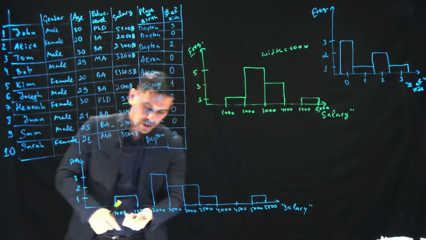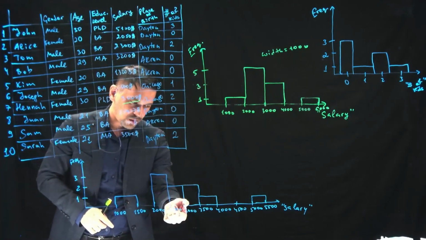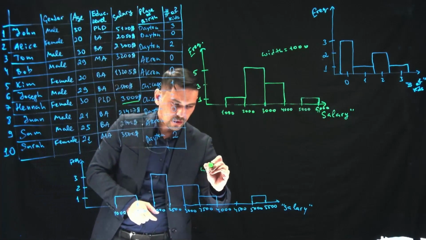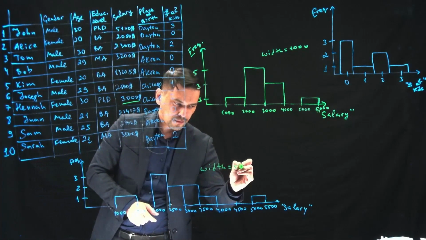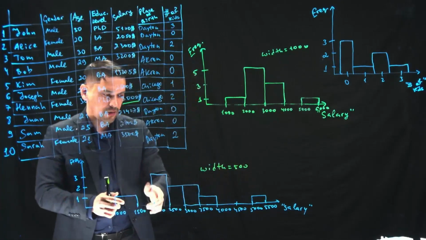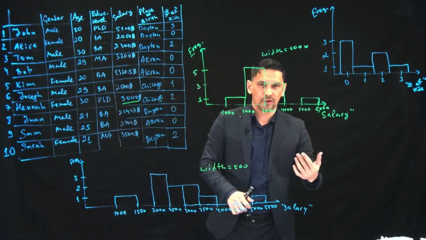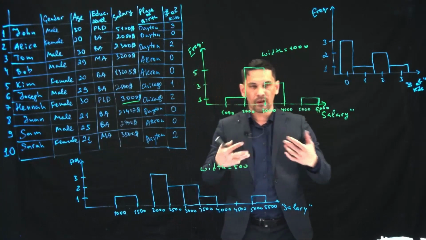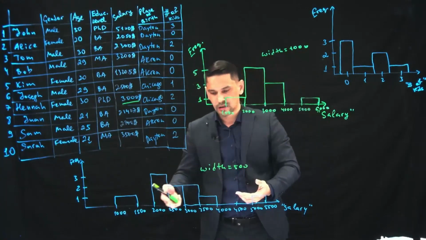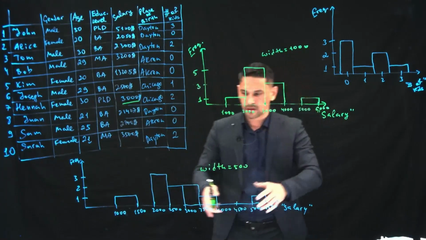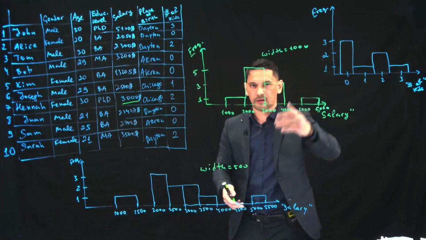Why? Because the width of each interval here is equal to 500. That's why this histogram has more columns and more gaps. So you can choose the width of an interval at your own discretion. Just keep in mind that your histogram is going to have a different shape if you change the size of the interval.